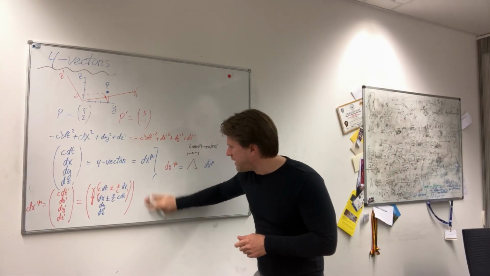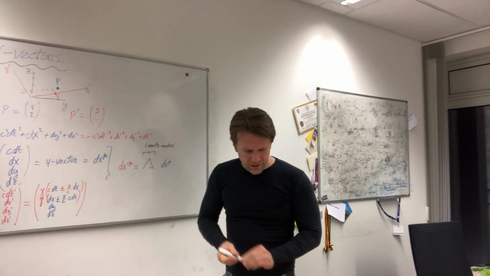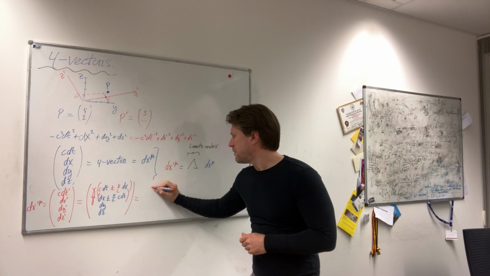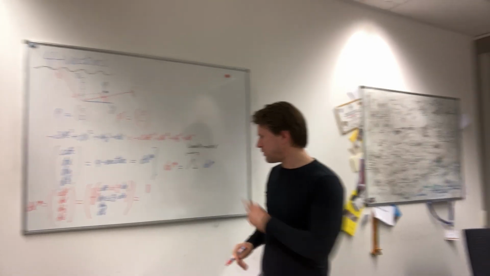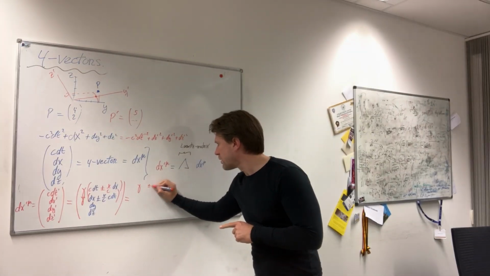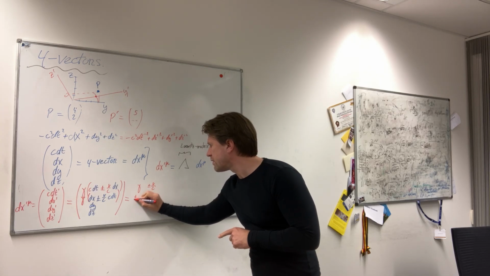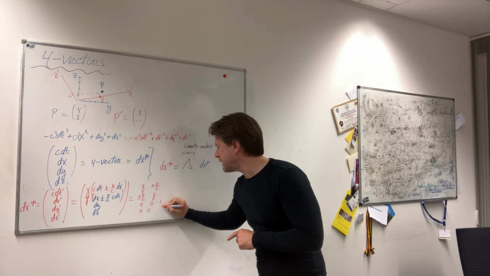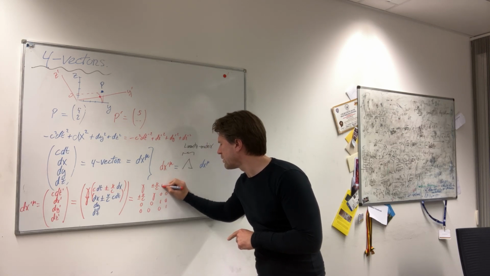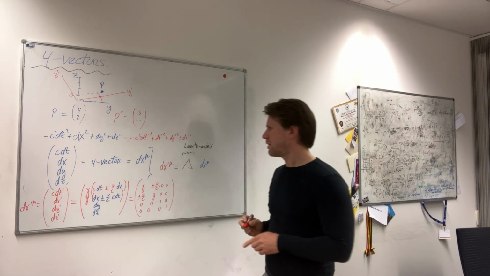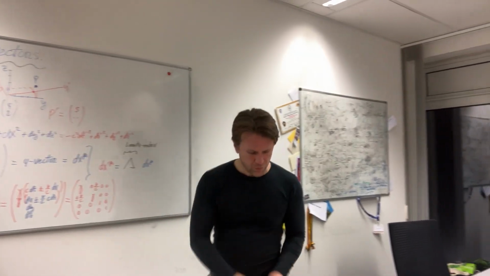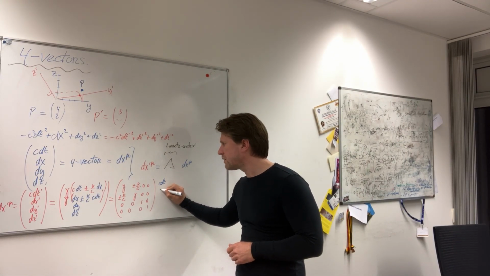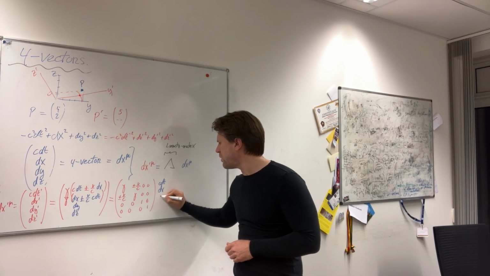And you can already read off, if you look at this over here, what that Lorentz matrix should look like. Because if I were to write this in terms of a matrix, then you can easily check for yourself that that matrix looks like this, where the original 4-vector, the unprimed one, is on the other side.